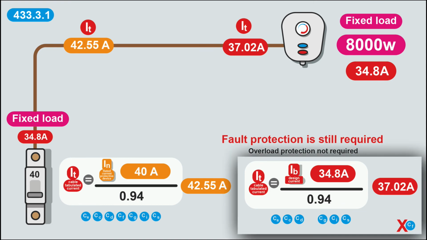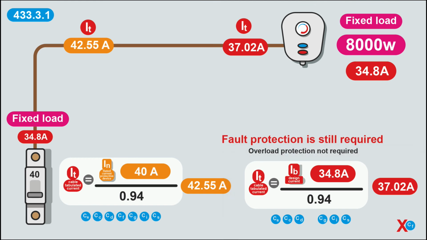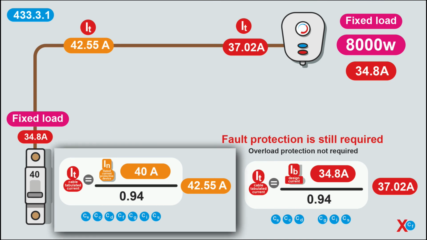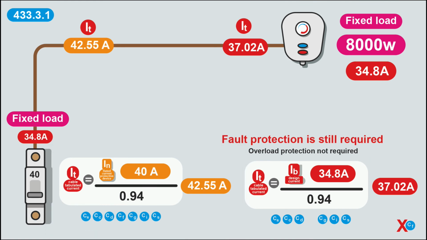We do the sums and it gives us an It of 37.02 amps. And you can see we do the same with the In, which is 40 amps. 40 divided by 0.94 gives you 42.55 amps. So you can see how your tabulated current can change. Because your tabulated current changes, that will also affect your Iz. So when you look for your cable size, you might be able to use a smaller cable.